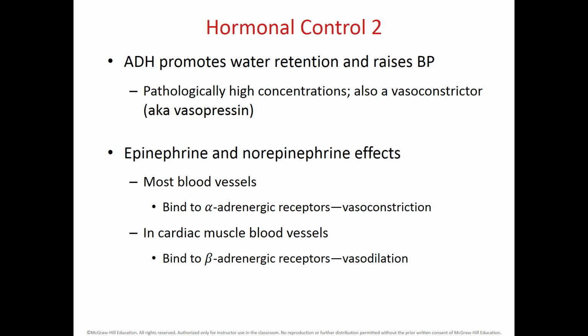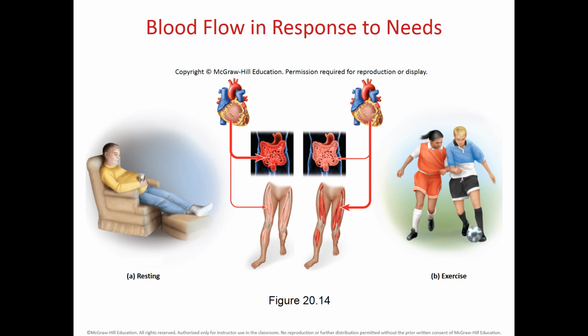This epinephrine and norepinephrine bind to receptors within the blood vessels that increase the constriction in the case when epinephrine binds to the alpha adrenergic receptors in most of the blood vessels, and will improve the blood flow to the muscle cells, cardiac muscle cells, blood vessels, circulation, because you have the binding of this into the beta adrenergic receptors, and also increases the contractility of the heart because beta adrenergic receptors increase the contractility of the heart.